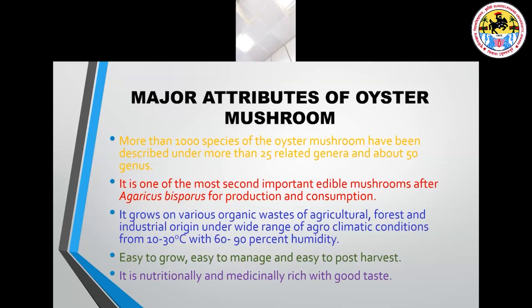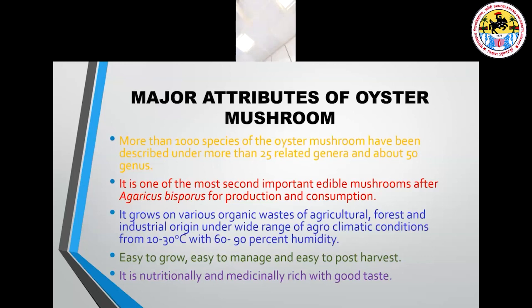It grows on various organic wastes, as Dr. R.C. Upadhyay said. He told about all kinds of substrates, particularly the pulses substrates. So you can choose that substrate for growing the oyster mushroom. There is no boundary for the cultivation of oyster mushrooms, as per the availability of the substrate.